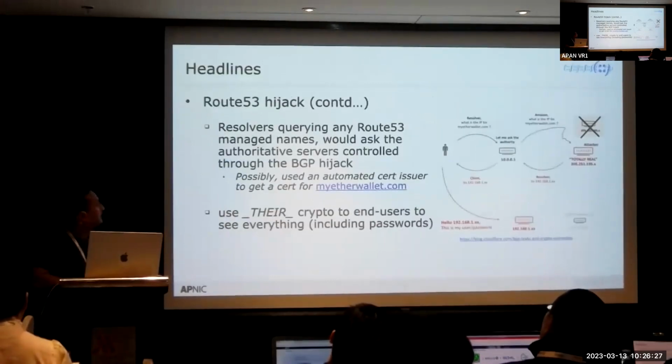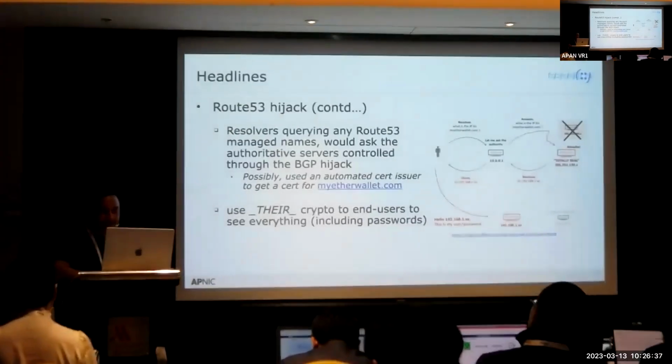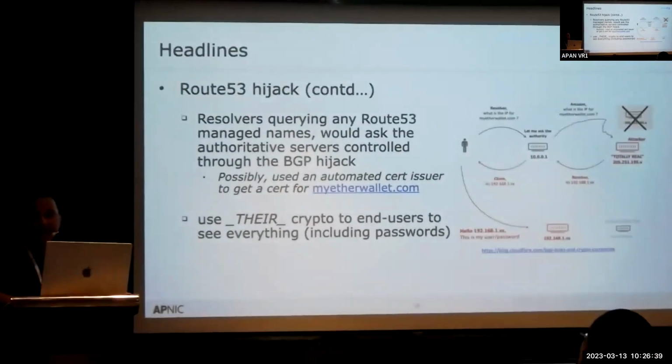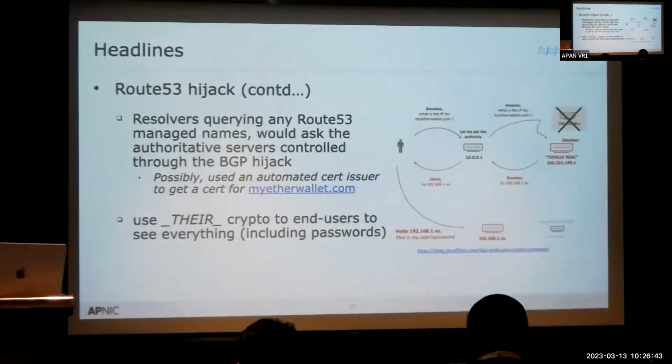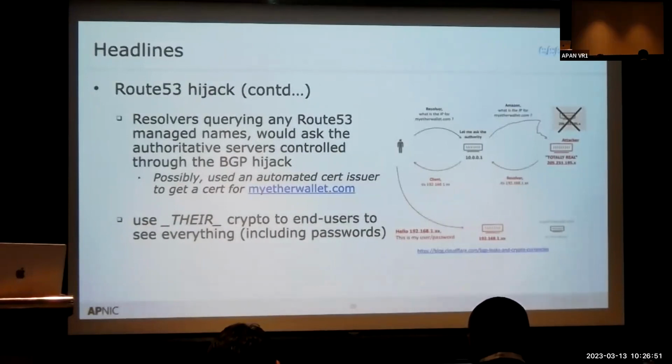As an example, you see on the attacker side, on the right-hand side, a totally real-looking DNS server, because it is within the same IP address range. BGP always looks into the source path, but the IP address is the same as the resolver.